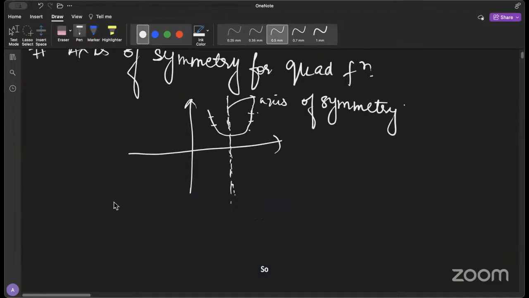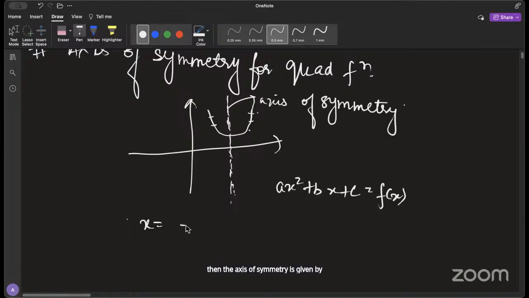In particular, if your quadratic function is ax squared plus bx plus c, then the axis of symmetry is given by x equals minus b by 2a.